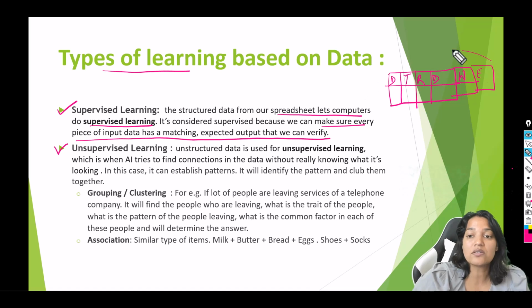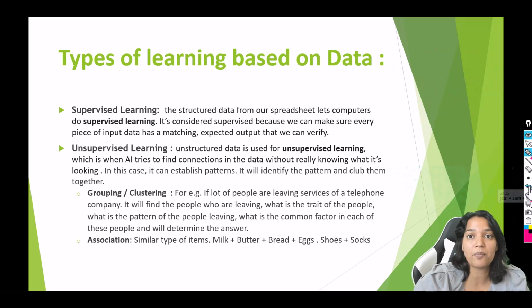So this type of data that we are feeding is going to give you a desired output, which is this one. This type of learning is called supervised learning because we are feeding a proper type of data, and based on that data we are getting a particular response. That is called supervised learning.